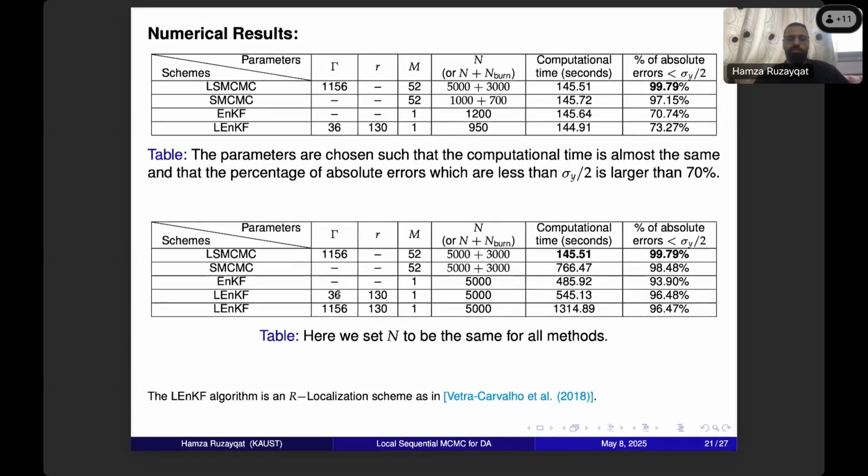For the local EnKF with different numbers of subdomains, I get these times and these percentages as well. So we see a big advantage for using LSMCMC, even though this model is linear, because it is very challenging due to the structure of the data that moves with time and is very localized.